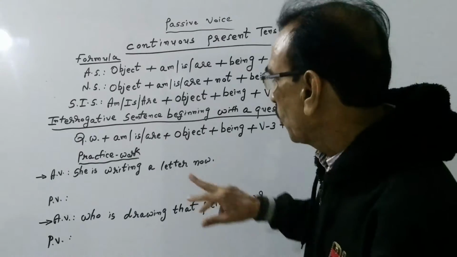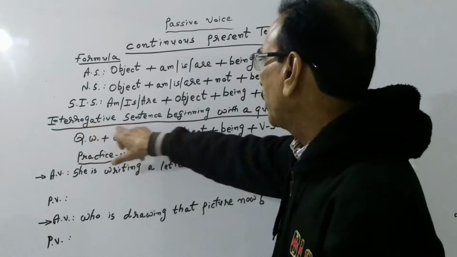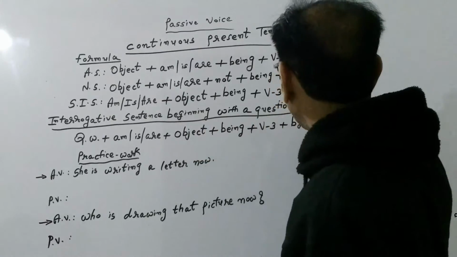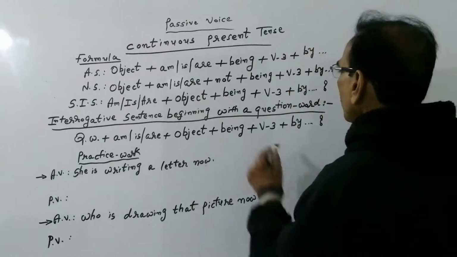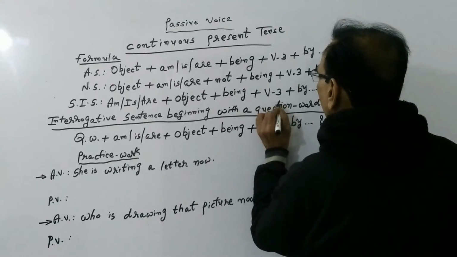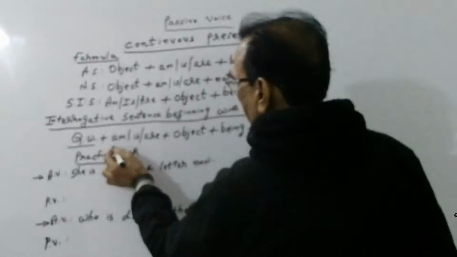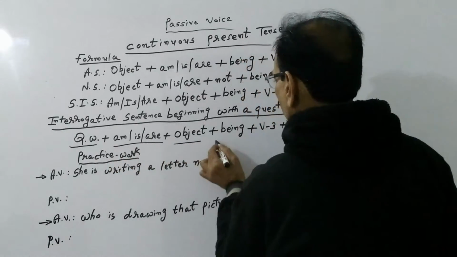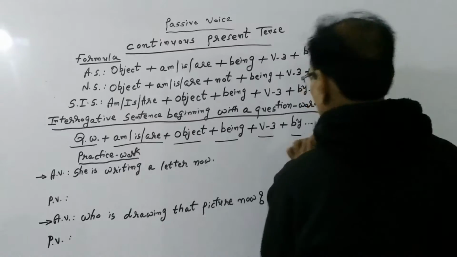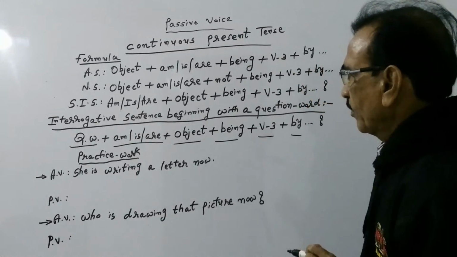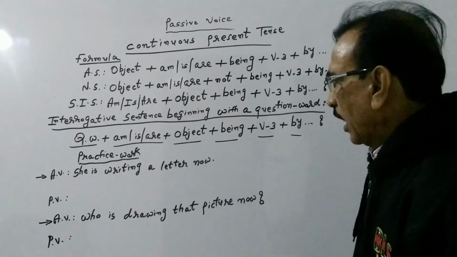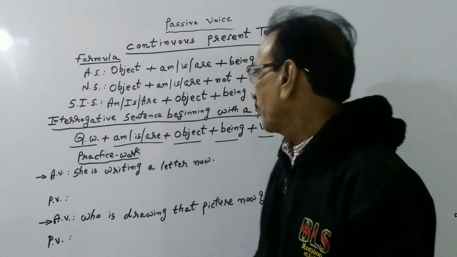Now, interrogative sentence beginning with a question word. In the beginning we write down the question word. This question word plus am/is/are plus object plus being plus V3 plus by plus question mark. I will give you one more practice.